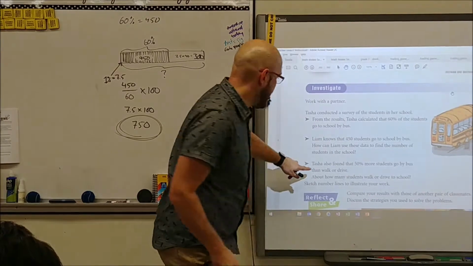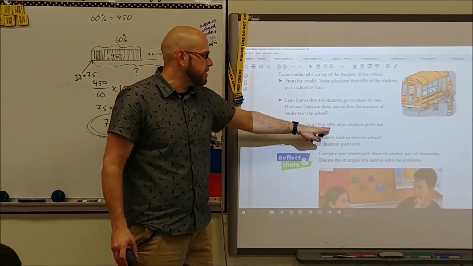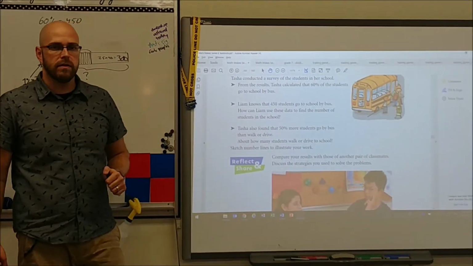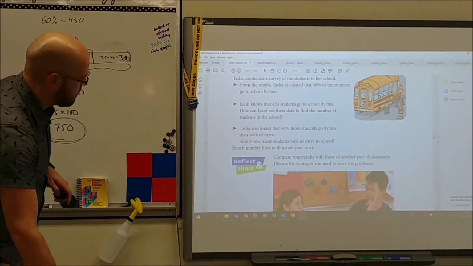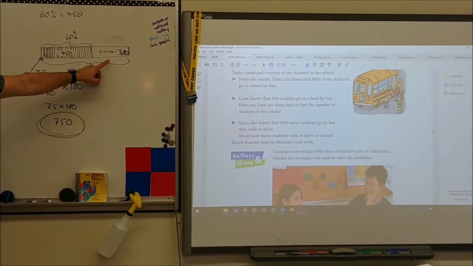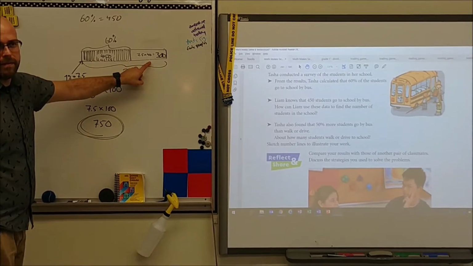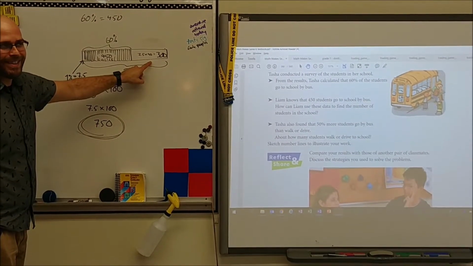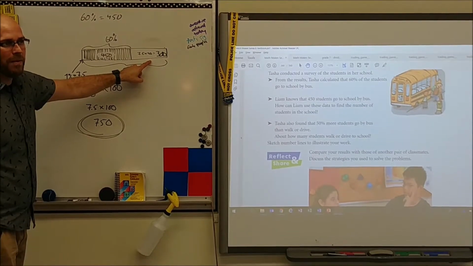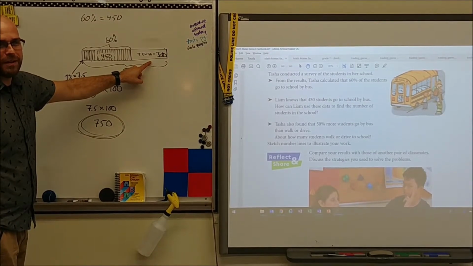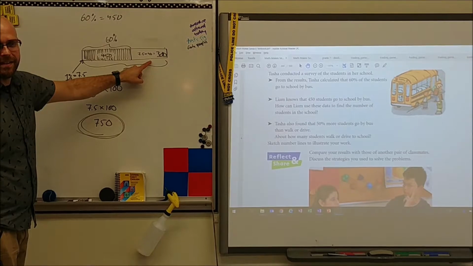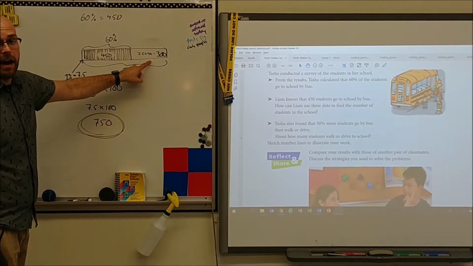It said, Tasha also found that 50% more students go by bus than walk or drive. Are there 50% more students here than there? No. I got mixed responses here. It's like 50. What is 50% of 300? 150.